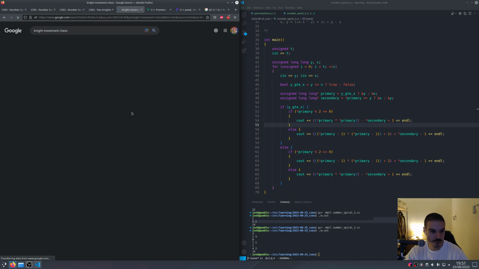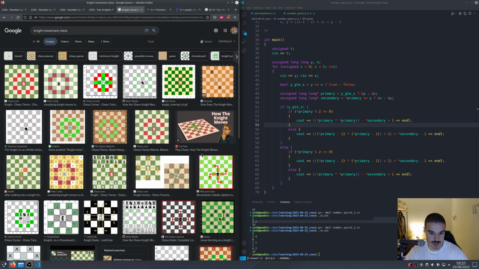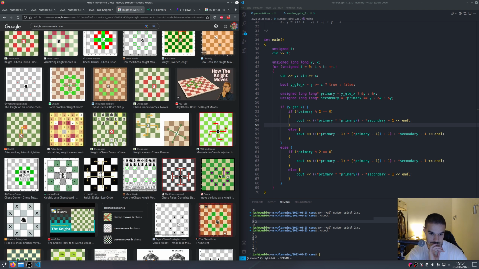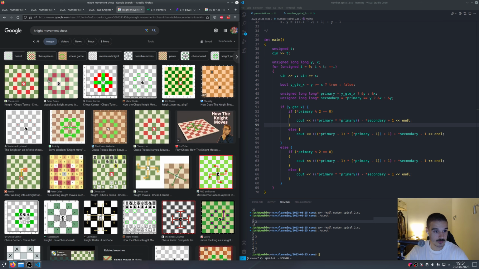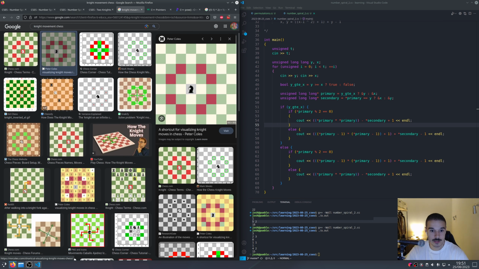knights can move, which seems to be an L shape. That is an unfortunate representation of how knights can move.